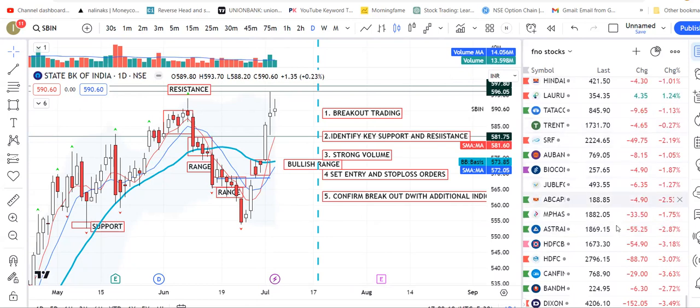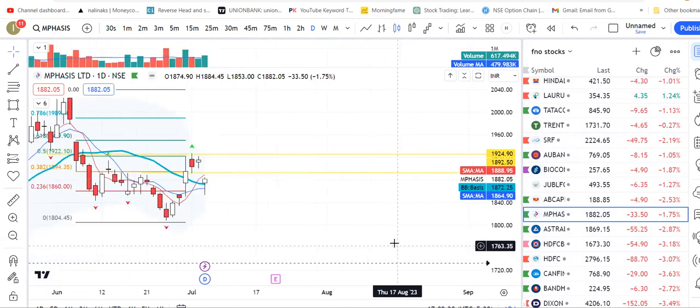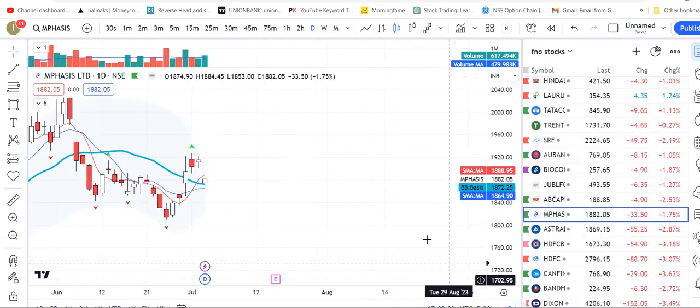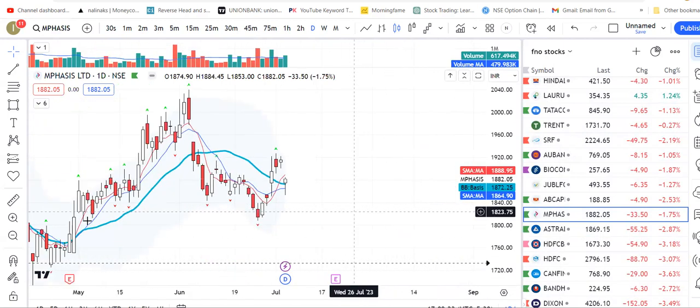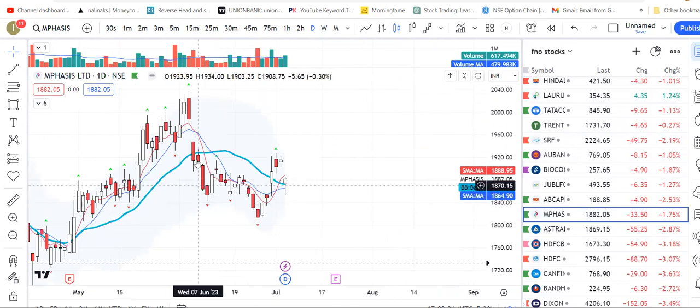For example, these are bearish. They are showing some sort of correction. Let us go to Emphasis. I'll remove drawings. What is happening in Emphasis is the correction mode, right? It is correcting.